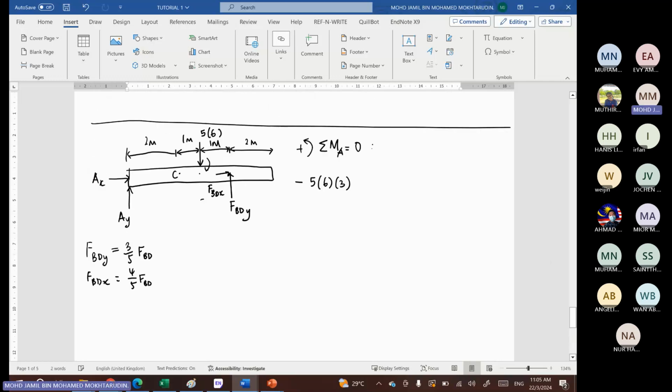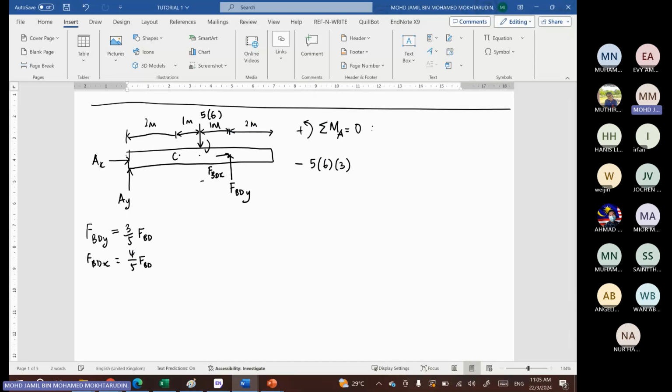Okay, so FBDY times the length 4 meter, and it will be acting counterclockwise, so positive 3/5 FBD times 4.